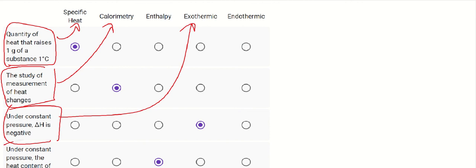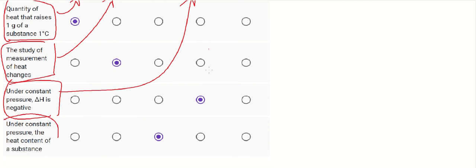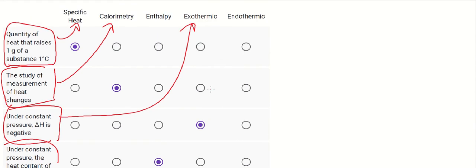And under constant pressure, what's the rest of that say? Oh, the heat content of a substance, that's enthalpy. Is that what's up here? Yes. So enthalpy is equal to heat under constant pressure. That was on your formula sheet too. All right.